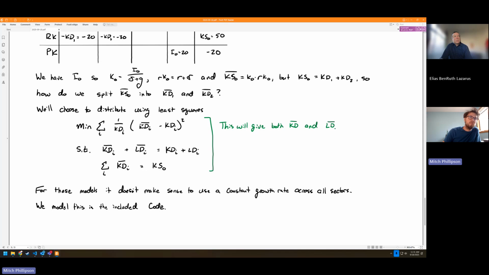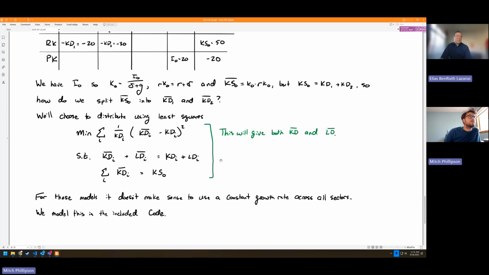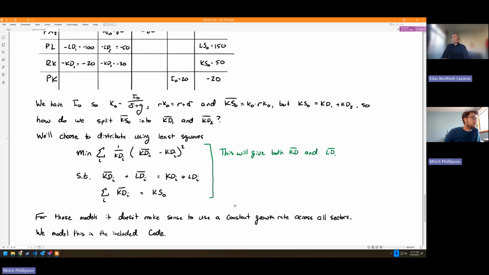I'm trying to find KD bar, and this just has everything match up. So is that equation per period T? No, it's just for the initial period. You just need the initial, because the future ones are going to grow, as we've already said. Interesting.